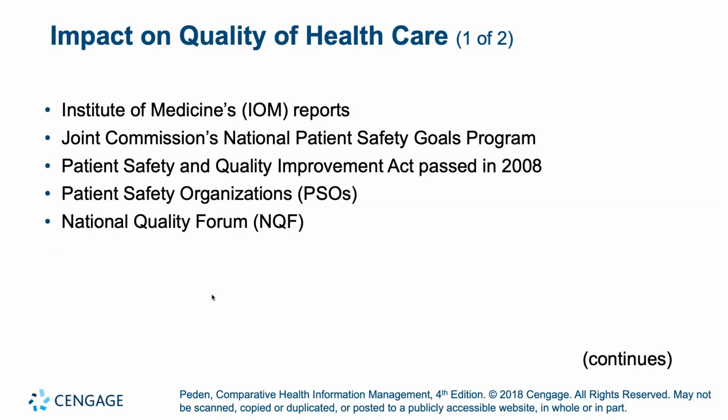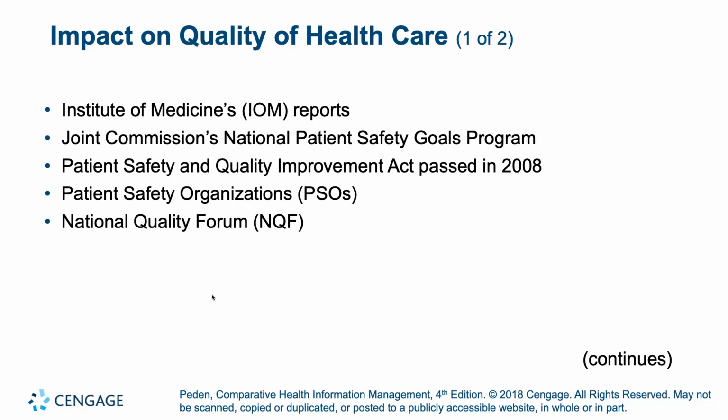Impact on quality of healthcare. Oh my, there are a great number of organizations that are interested in the quality of healthcare and are right there to check on it. And this is just a handful. This is not even anywhere near the whole list. But these are good ones to know. The Institute of Medicine has a lot of information on the quality of healthcare, and they assess that. Joint Commission has national patient safety goals.